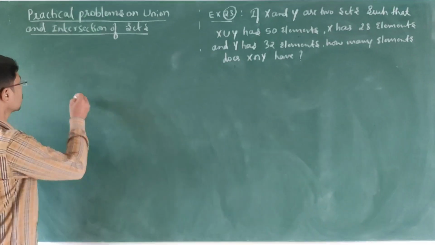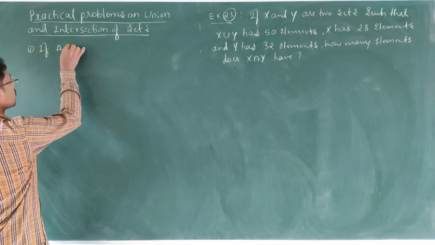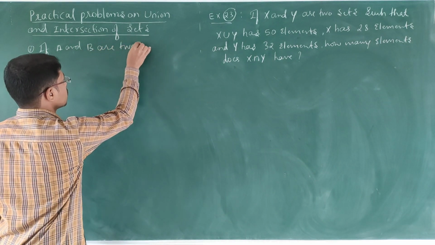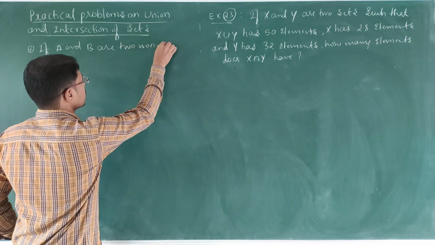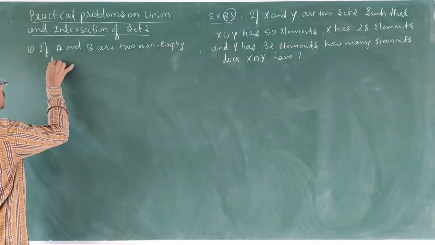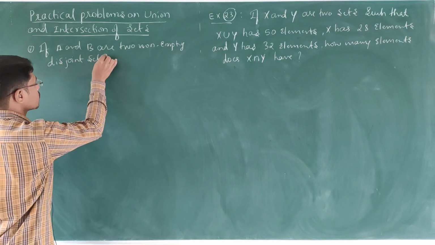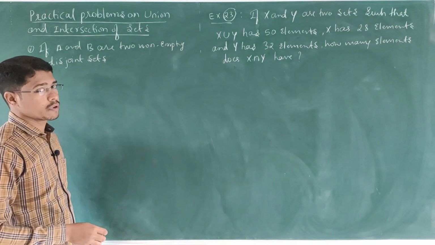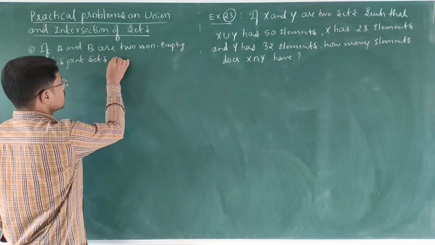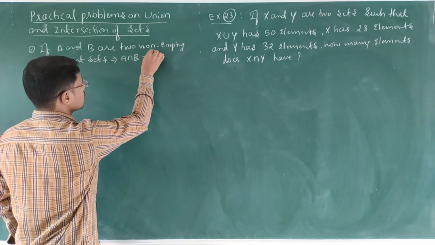First, if A and B are two non-empty disjoint sets, it means the intersection of A and B is the null set.